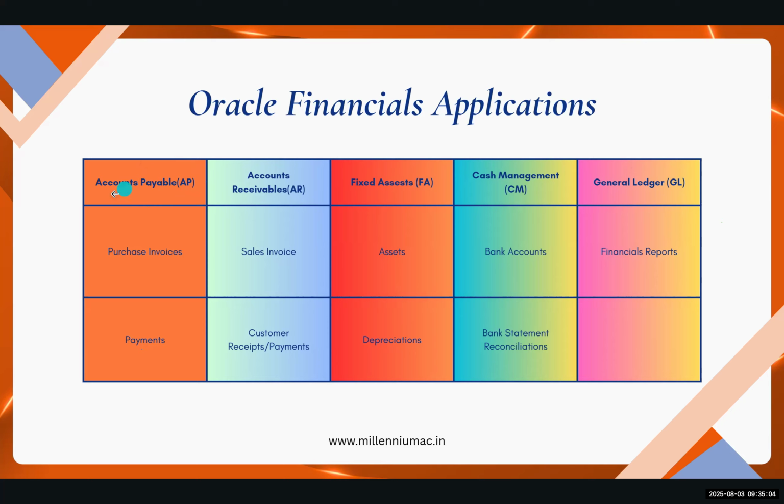We have purchase orders as well, but purchase orders are not closely related to the monetary aspect. First we order, then we share with the accounts payable team, and the accounts payable team does the payment. So ultimately cash goes out from the accounts payable module. That's why these are called core financial modules.